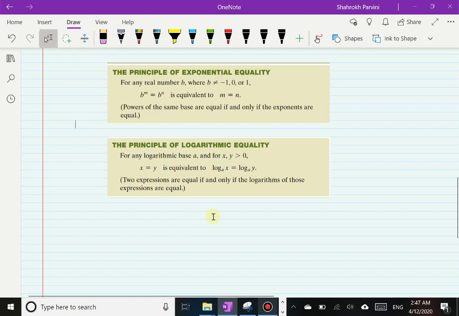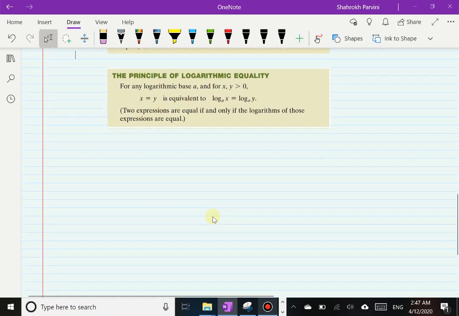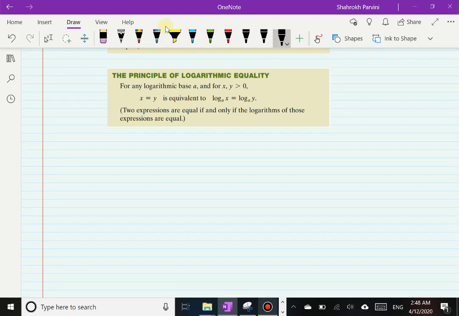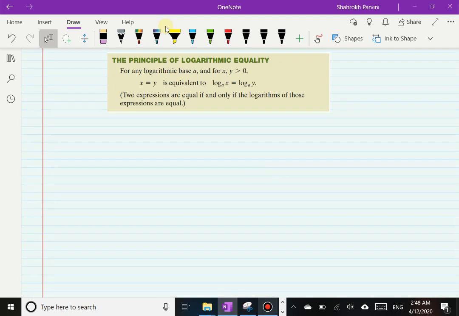And let's take a look at some exercises now. For starters, we're going to look at page 825. Exercise number 10 is the one that we're going to start this section with.